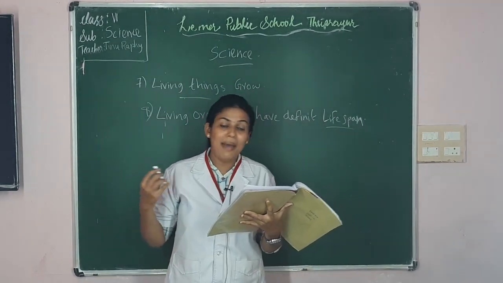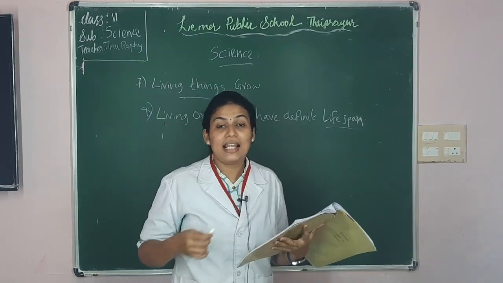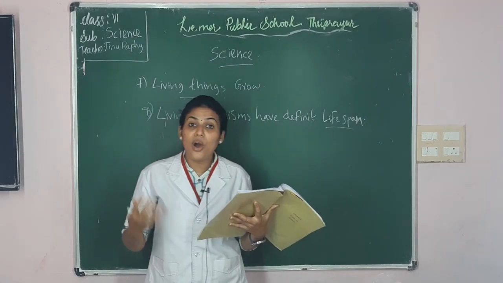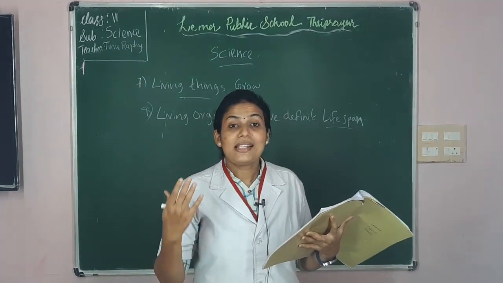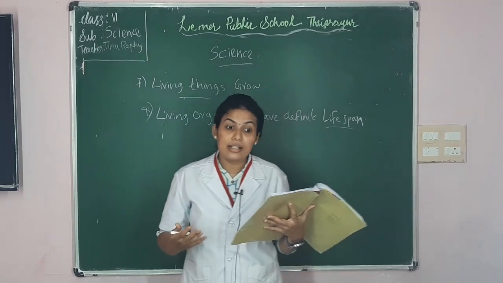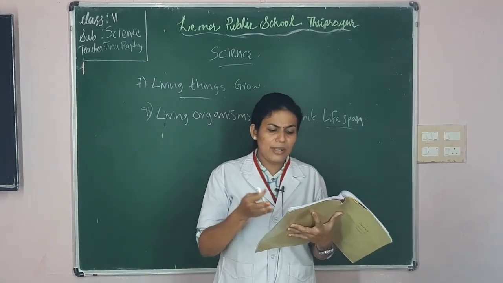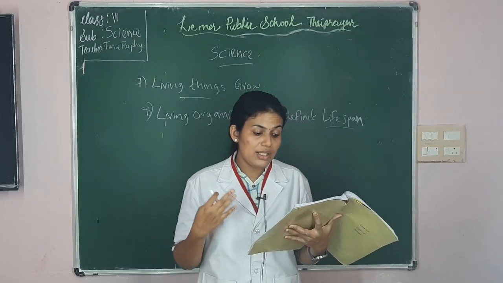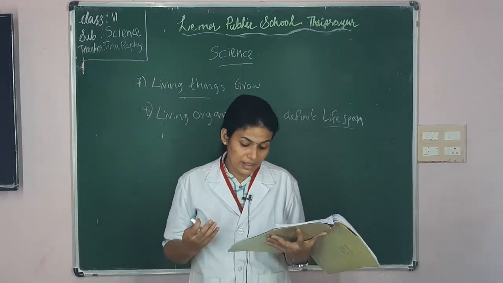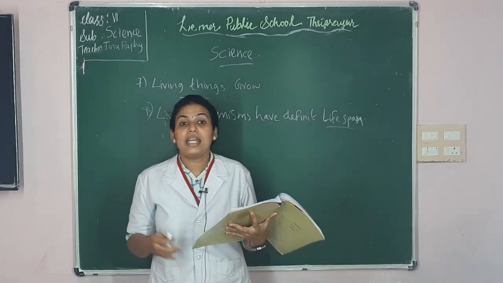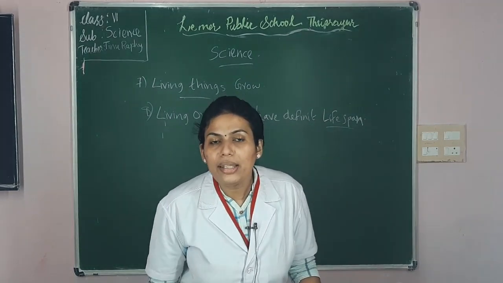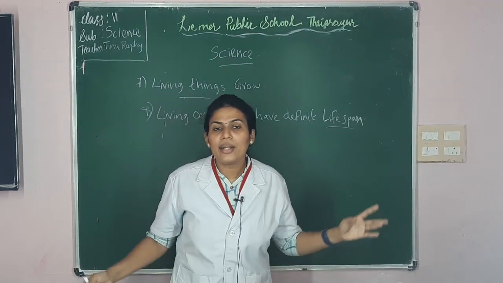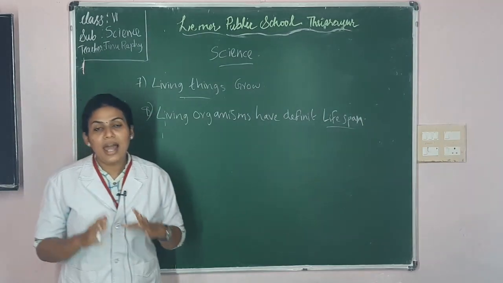For example, the bacteria has a lifespan of 15 to 20 minutes, whereas the dog has a lifespan of 7 to 18 years. Likewise, housefly, ostrich, rats, tortoise, banyan tree, squirrels, all the lifespans are given in page number 83, table 9.1. So, all the living organisms from bacteria to the large organisms show a particular lifespan.